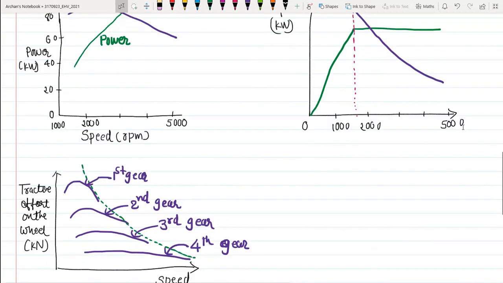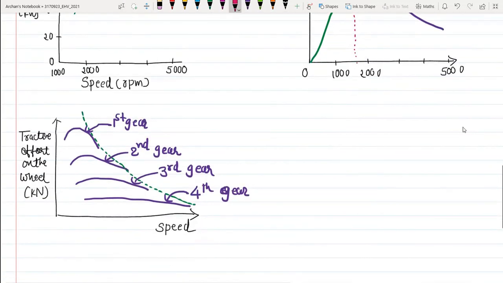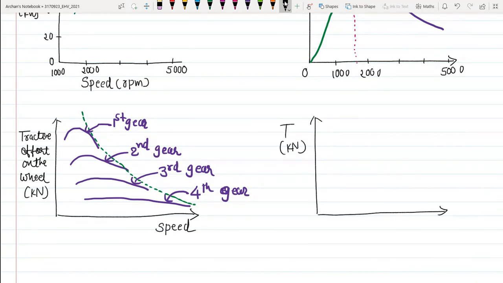In this particular case, whether it is a single gear or a double gear, we will have torque in kilonewton, and here we will have speed in kilometer per hour.